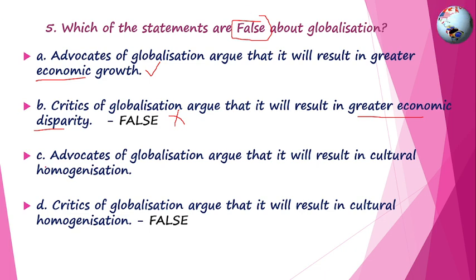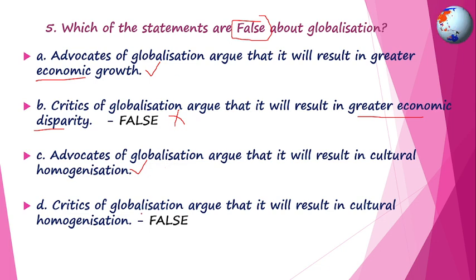And the next is option C: advocates of globalization argue that it will result in cultural homogeneity. This is a true statement here, but we have to find the false. You should look at the question; they are asking about the false. If the question asked about the true, then this would be the correct answer.